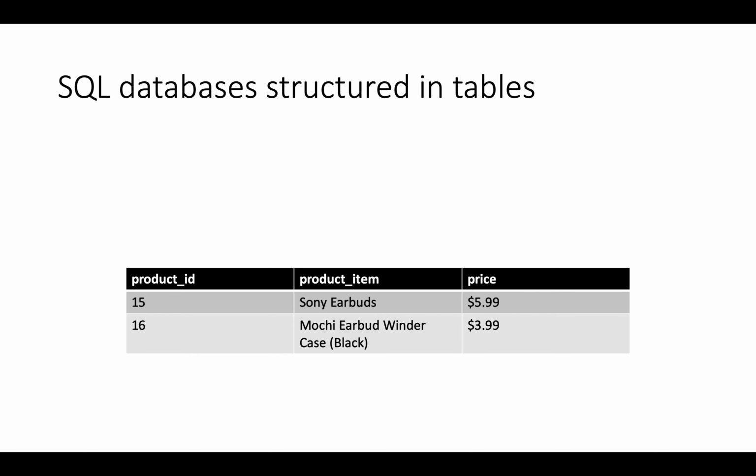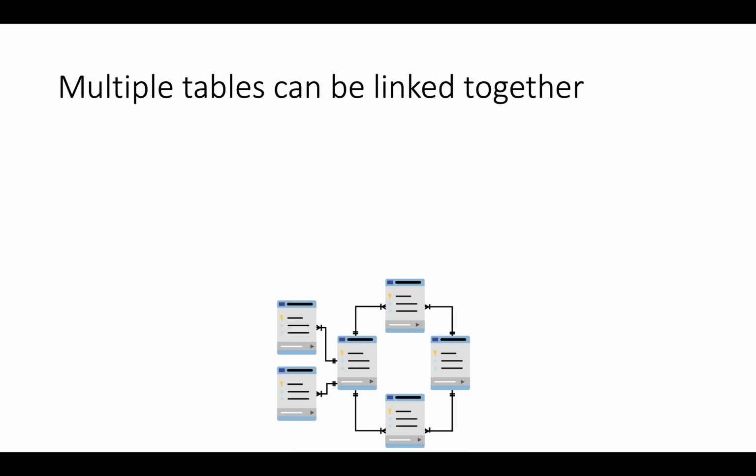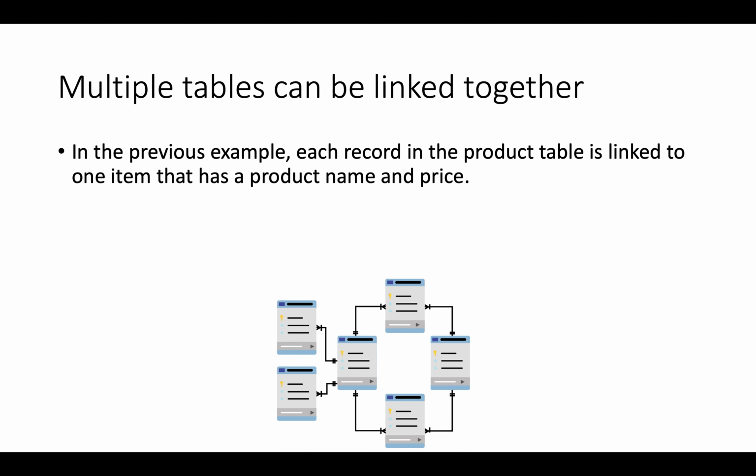As I said before, SQL databases are structured in tables. A table has a unique identifier known as the index, in this case, product ID. Multiple tables can be linked together using indexes. In the previous example, each record in the products table is linked to one item that has a product name and price.